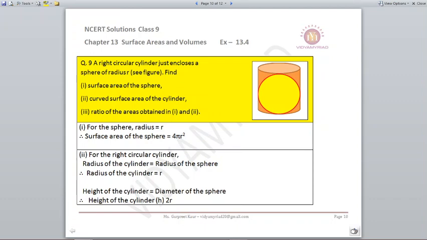And the height of the cylinder will be the diameter of the sphere, because the sphere is touching all the four parts of the cylinder. So we can say the diameter of the sphere will be the height of the cylinder. When radius is r, diameter is 2r, so height of the cylinder h will be taken as 2r.